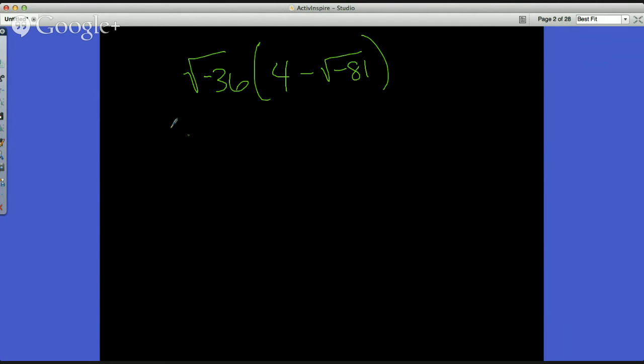The important thing to remember is that the square root of negative number always comes out as an i, just like Morgan said earlier. So this square root of negative 36 should be i square root of 36 times 4 minus i square root of 81. Would it just be 6i? Yes, if you can jump to that, go ahead. I just want to make sure I show that the negative comes out as an i.